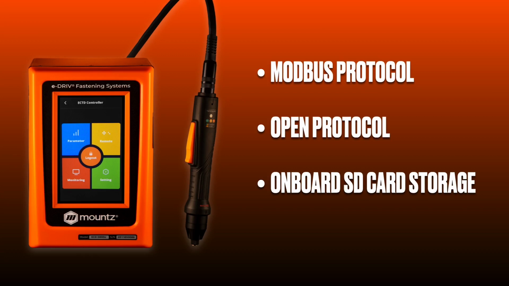So these tools do have the ability to communicate via our 25-pin I/O or through the Ethernet port. There's also a serial RS-232 port as well. And one other unique feature that we have with our DC tools is that they do have built-in web servers. So if this system is put onto a network, you can log directly into the tool a couple different ways.